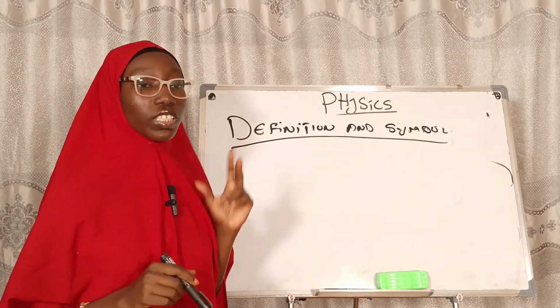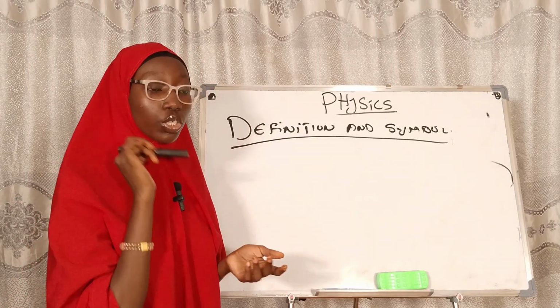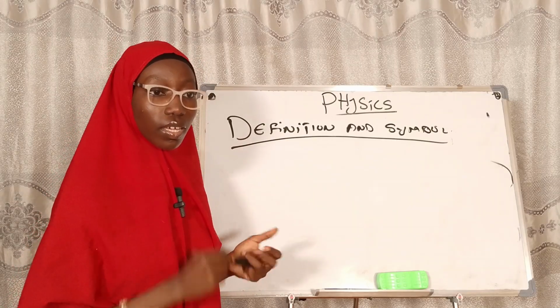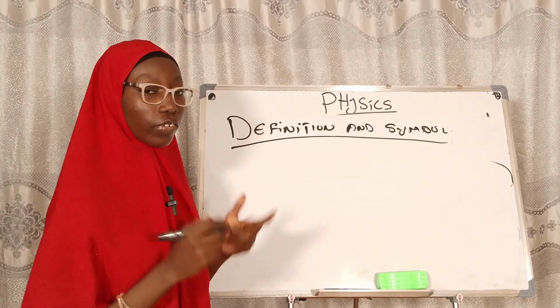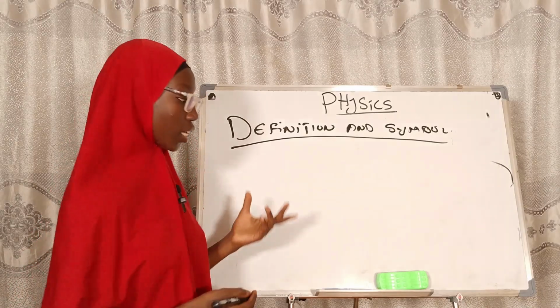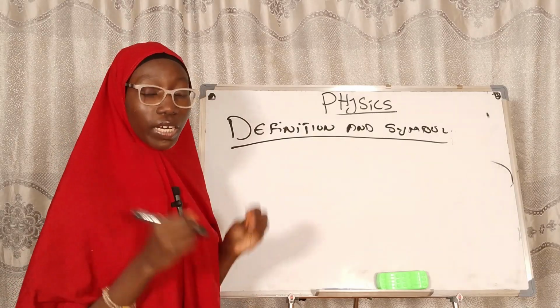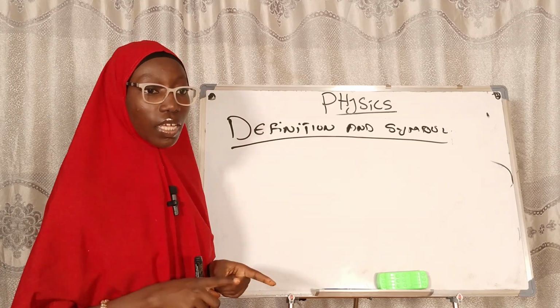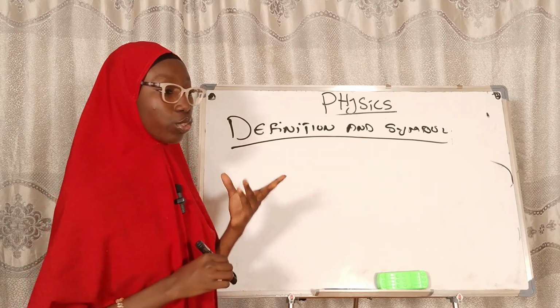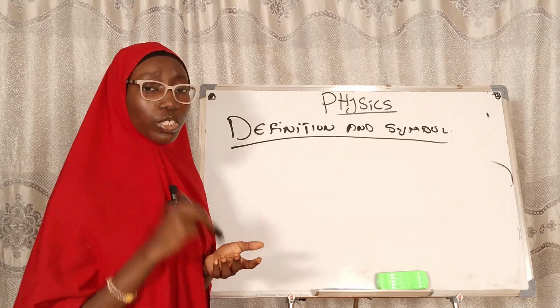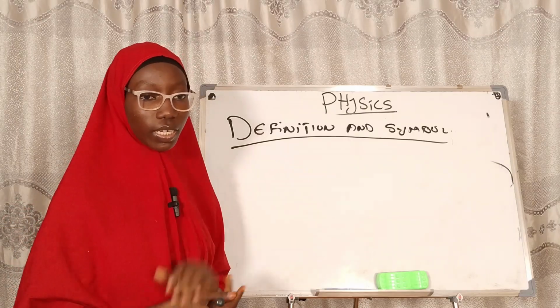It is one of the fundamental physical quantities used to describe the size, extent, or distance of an object. Length is a scalar quantity. It has magnitude but no direction. Length represents distance between 2 points because it measures how far apart 2 points are.